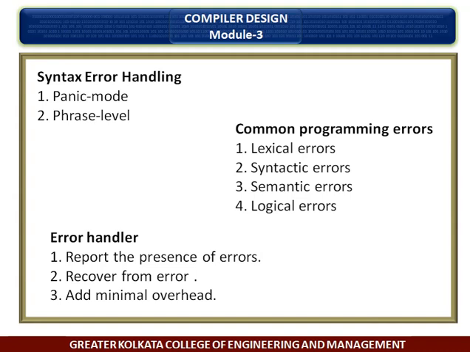Next are the semantic errors. They include mismatches between operators and operands. An example is a return statement in a Java method with result type void. And the last one is the logical error.